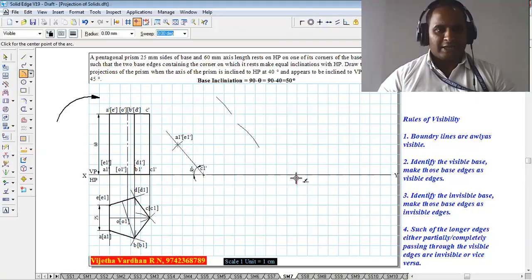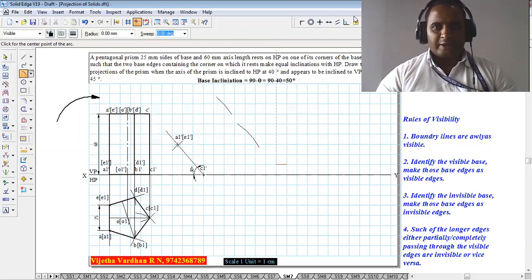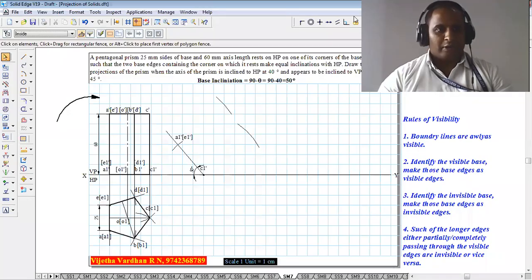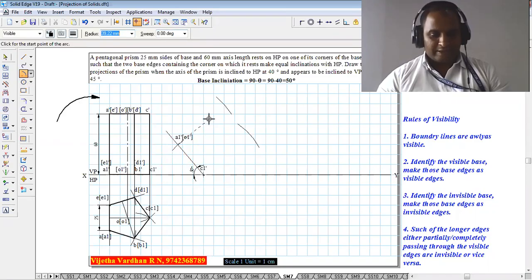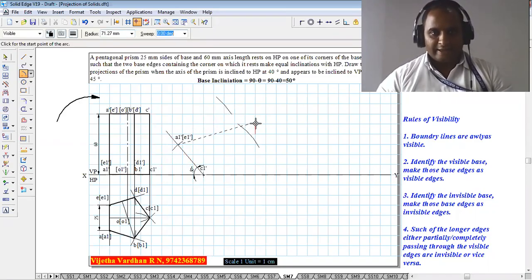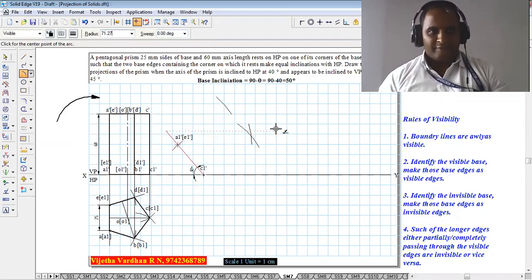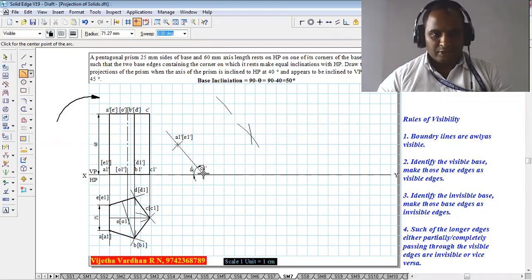Now to get the exact position of A dash and C dash, let me explain what we have to do. Using the compass, measure the distance between A and E as a reference. Then with A1 as a reference, draw an arc in the opposite direction diagonally, and in the same fashion, without changing the radius, with C1 as the center, draw an arc here.